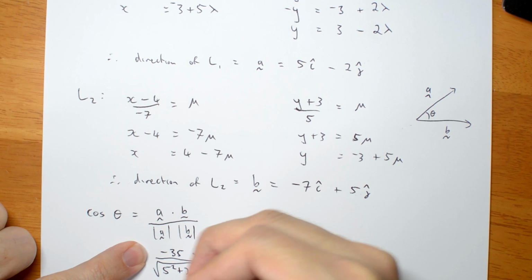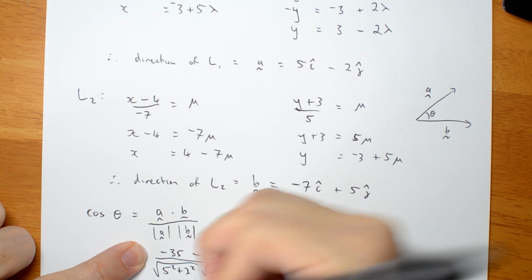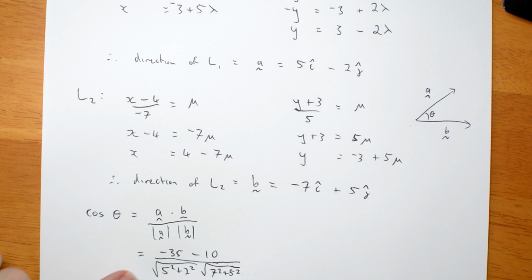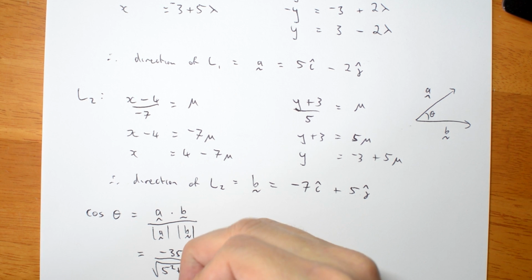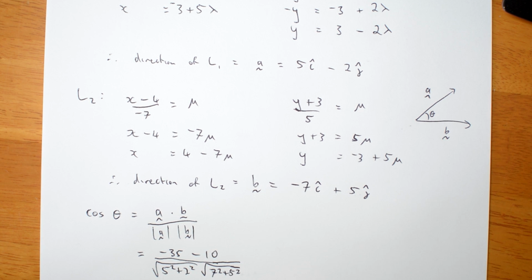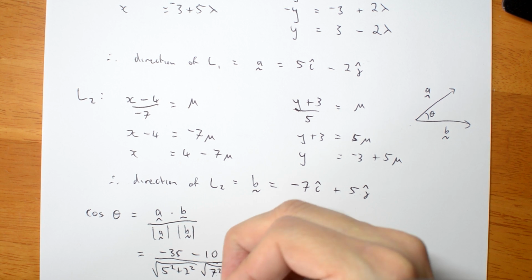Well, that's negative 45 divided by, this one is 25 plus 4 is 29, that's a prime number. And this one is 49 plus 25. 50 plus 25 would be 75, so this must be 74.